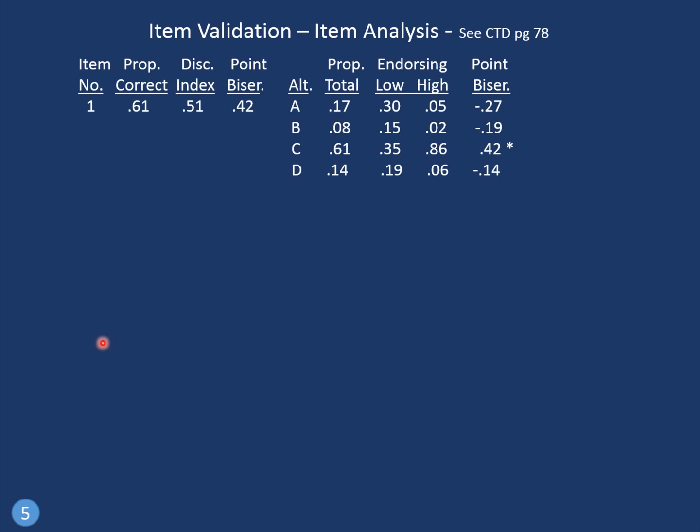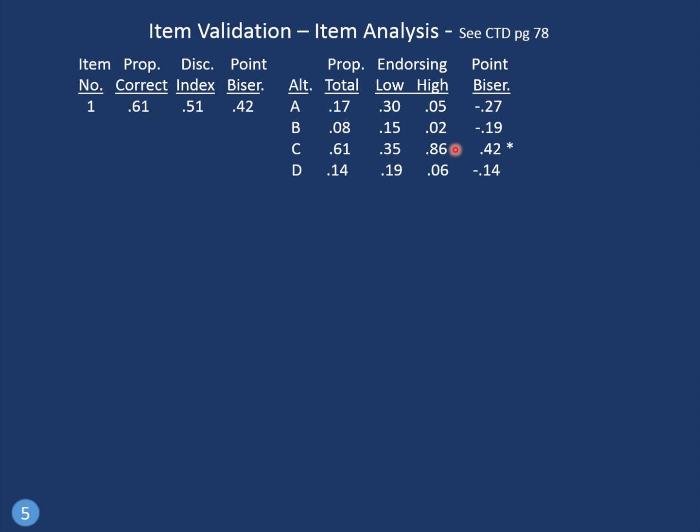So if you want to really analyze your item, then you need to look at a couple other things. And these are typical values here. You have the proportion correct, and you have the number of students in the lowest scoring group that chose the item, and the number in the highest scoring group that chose the item.